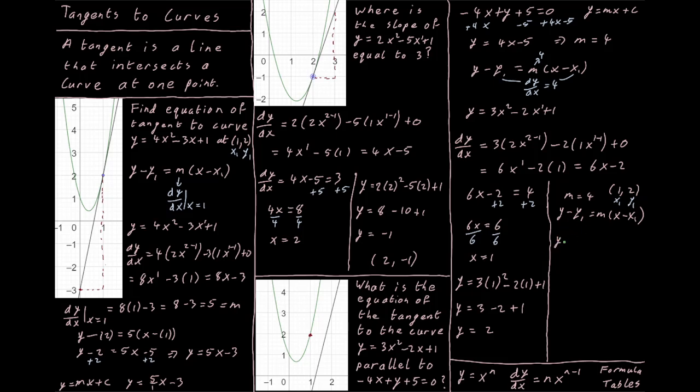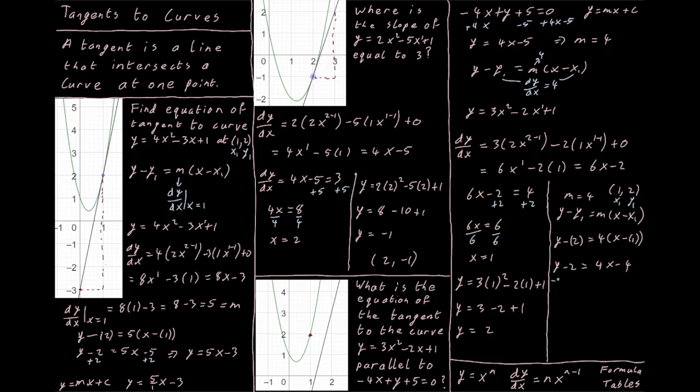So y minus 2 is equal to 4 on x minus 1. I just multiply all of that out and tidy up my equation. 4x minus 4. And often we'd be asked for our equations in standard form, so we'd rearrange everything to be equal to 0.